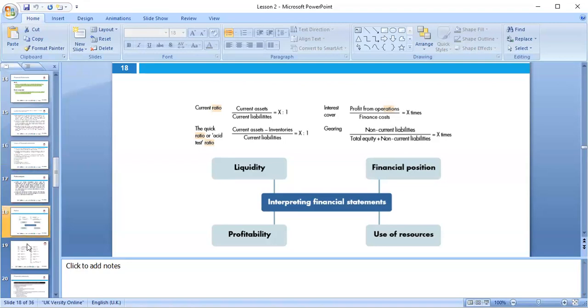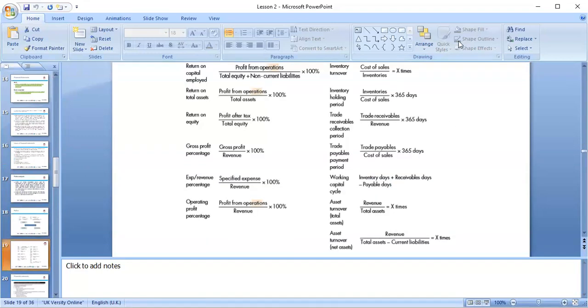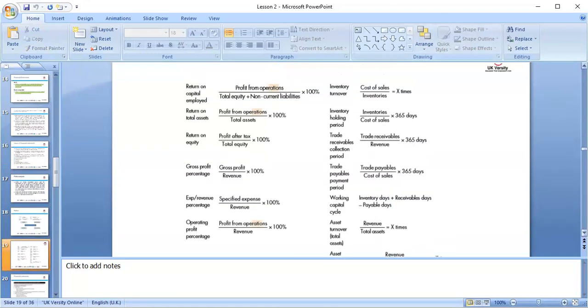Profitability and the use of resources are other ratios which we also look at, and all the formulas we've been given. So we can look at return on capital employed: profit from operation divided by total equity plus non-current liabilities; return on total assets, profit from operation; return on equity, profit after tax, because when you're paying dividends to the investor, we pay after tax profit; gross profit margin, net profit margin, expenses.